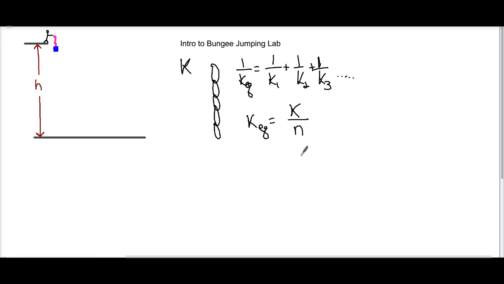And if we look at our system as a whole, we see that when we're at the top, it's all gravitational potential energy. And as the weight falls, it becomes all spring potential energy when it gets down at the bottom.